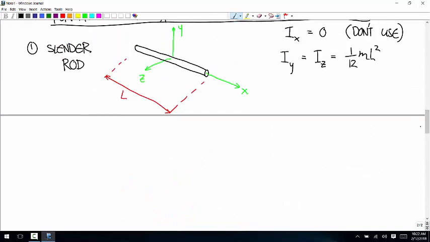Second one is a thin rectangular plate. And so when I say slender or thin, I mean we're assuming that the thickness is 0, and because of that distance squared thing, things don't actually have to be that thin for the thickness to have basically 0 effect on it.